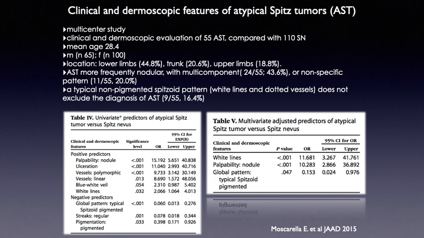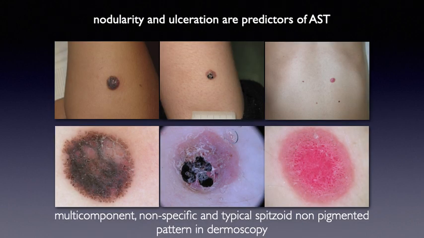We tried to analyze the features of atypical Spitz tumors in a multi-center study done in 2015, and we realized that nodularity and ulceration were predictors of atypical Spitz tumor. Atypical Spitz tumors are usually found in younger patients, about 30 years old, with a multi-component pattern or a non-specific appearance, or also the typical spitzoid non-pigmented pattern in dermoscopy, meaning a nodular, palpable lesion with dotted vessels.